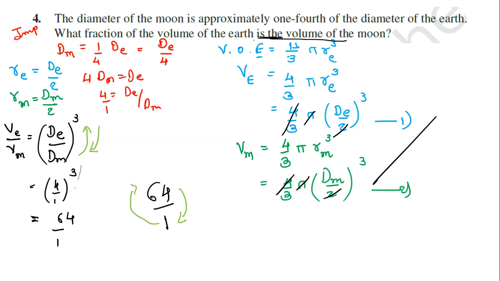So now whatever is written before 'is the', that you have to put in denominator. By mistake I understood we have to find the ratio of volume of earth and volume of moon, but here it says 'is the'.